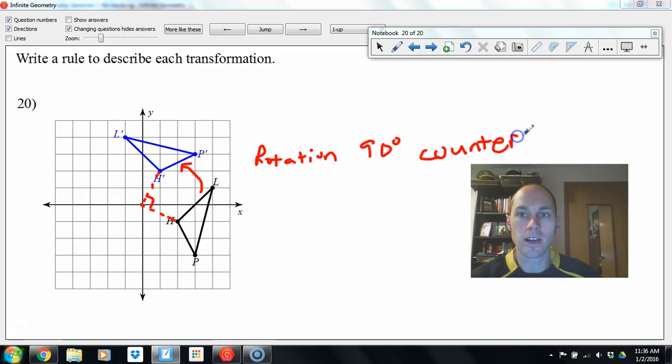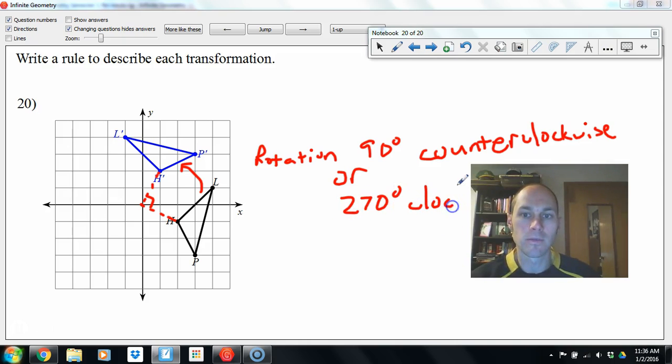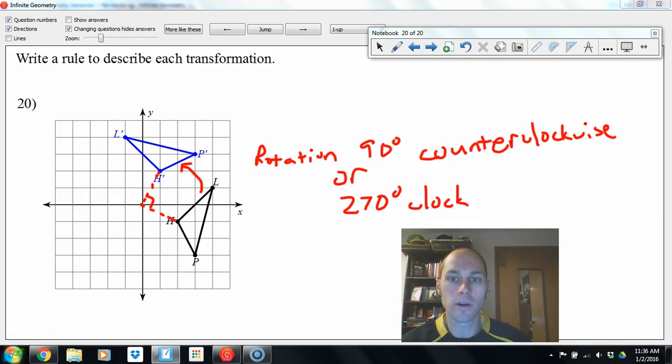And the other way we could describe it is if it went clockwise. So if it's 90 counterclockwise, the complement to that would be 270 clockwise. Okay, so either one would work. Just keep in mind if it were multiple choice, you'd have to pick and discover which one of those answers is on there.